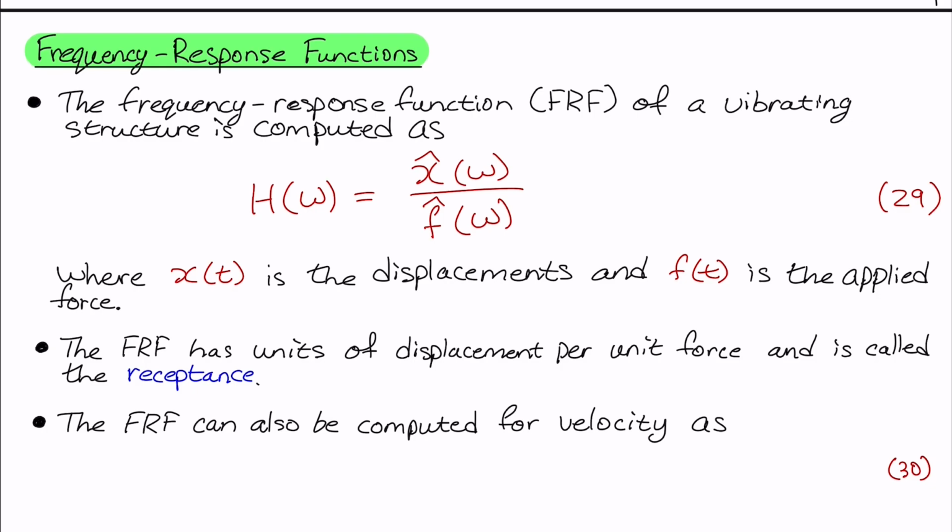And then f hat omega is the Fourier transform of f of t.